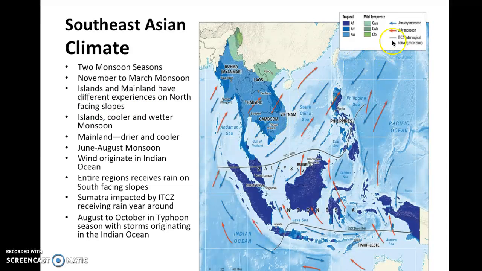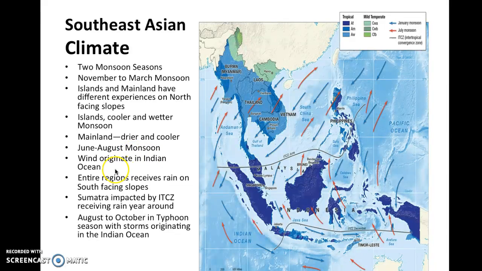The November to March monsoon comes out of the north. It flows down, leaves this area largely dry, and any rain that drops hits the north side of the hills along here and the north slopes of all of these islands. The islands are cooler and wetter during this monsoon, and the mainland is cooler and drier.